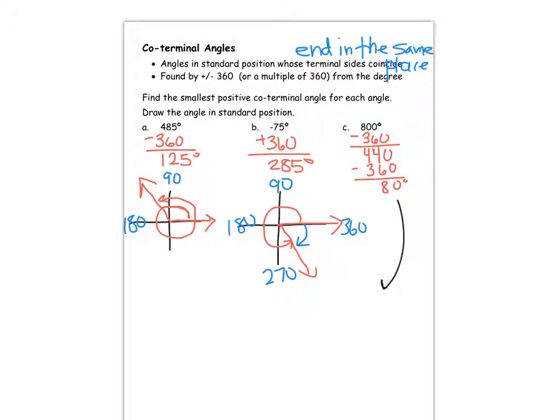So I'll just draw this one further down here so there's space for it. I really need to draw an 80 degree angle, which is close to 90, but not quite. And that 80 degree angle looks the same as the 800 degree angle. The 800 degree angle spirals once, spirals twice, and goes 80 degrees extra.